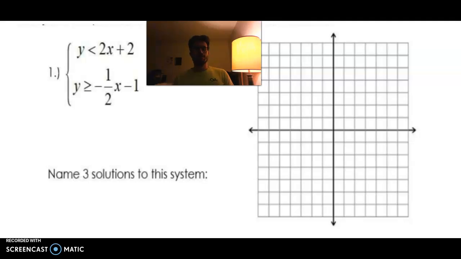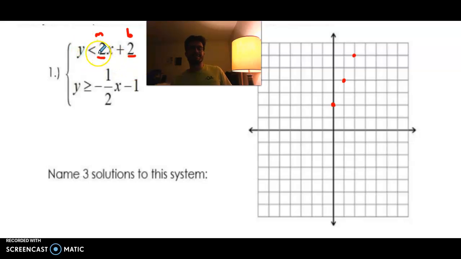So if we look at this first one, we have, I'll do it in red, y is less than 2x plus 2. My y-intercept is 2, so I'll do that. And then my slope is 2. So I'm going to go 2 up, 1 to the right, 2 up, 1 to the right, and then I'm going to connect the dots.